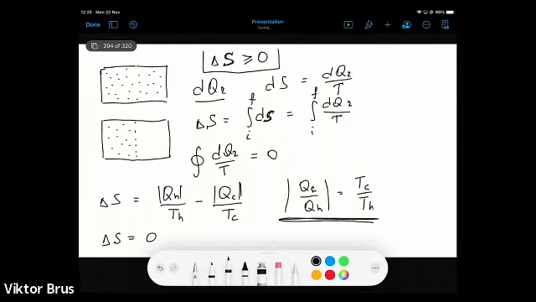And this statement that the change of entropy in an isolated system is always larger than or equal to 0 is another form of formulation of the second law of thermodynamics, because it shows us the direction of thermodynamic processes which are possible. Conditions other than increasing or constant entropy cannot happen by themselves.